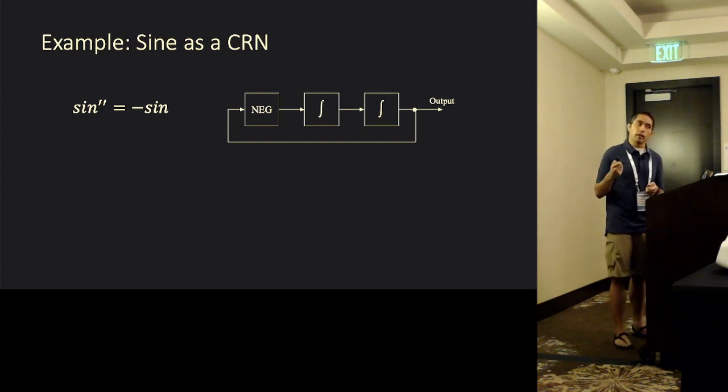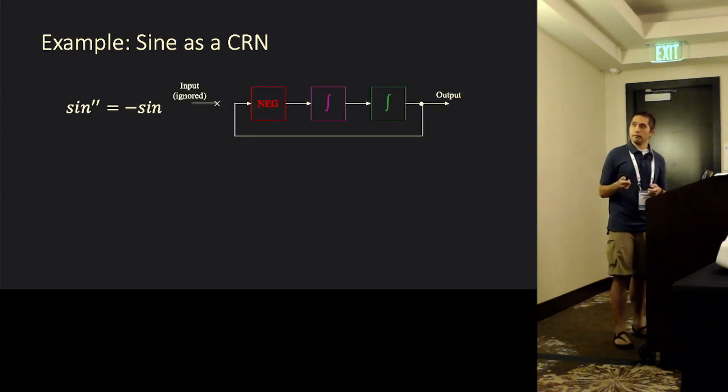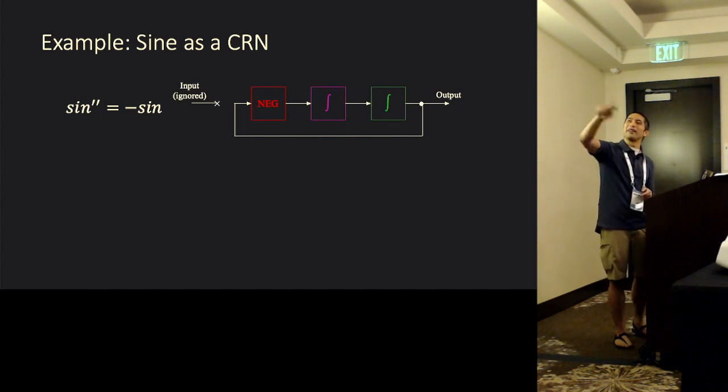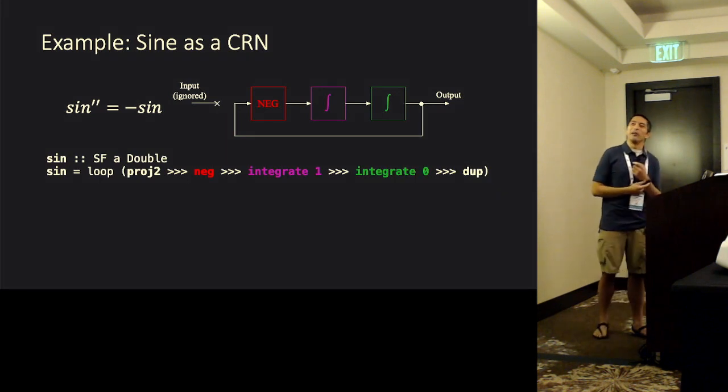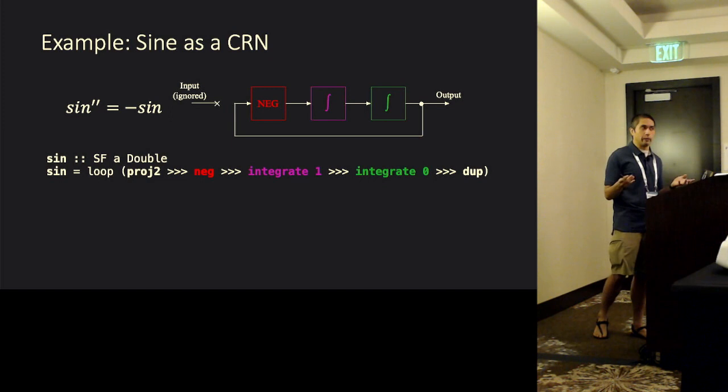In Reactimal, it looks like the following Haskell program. Whoops, my bad. There's a transition there. Just to show you there, right? Because this is a feedback loop that's just outputting a sine wave, we're going to ignore the input here. And it looks like that. In Reactimal, we write a Haskell program using, if you're familiar with Yampa, the key idea is that we're using the Yampa style DSL for reactive programming.